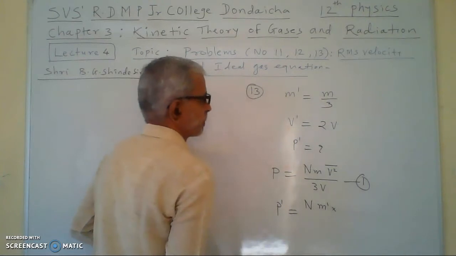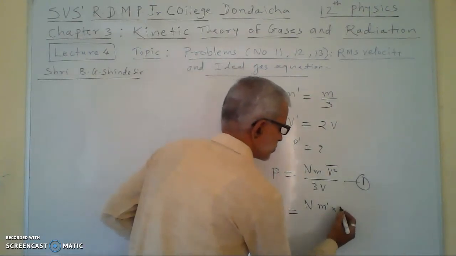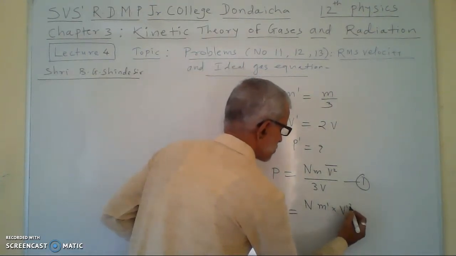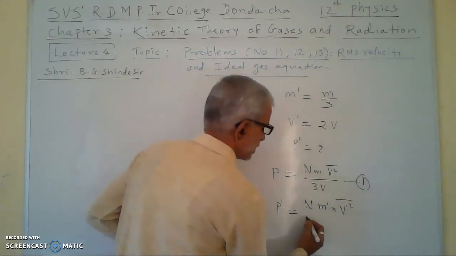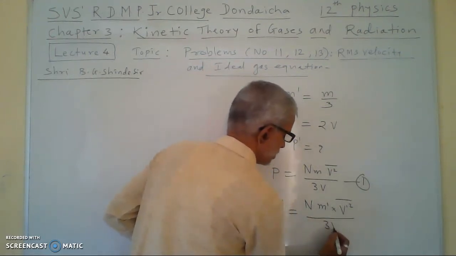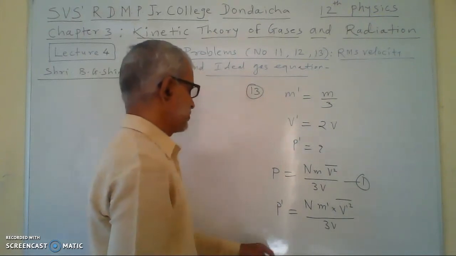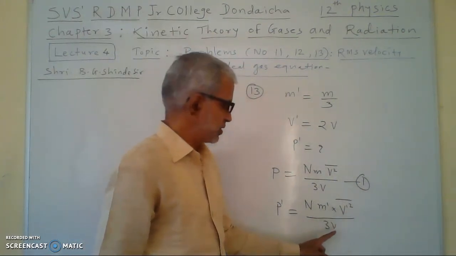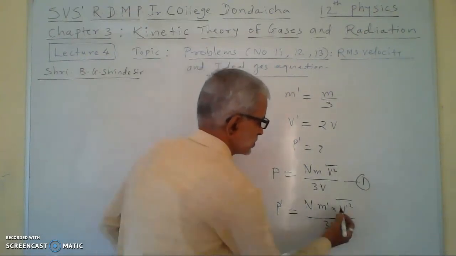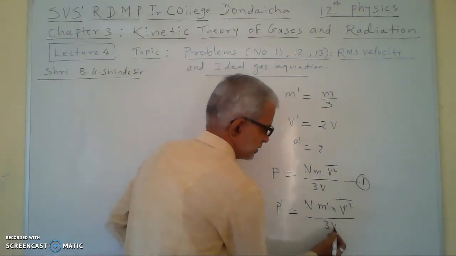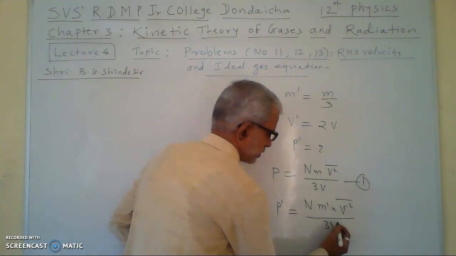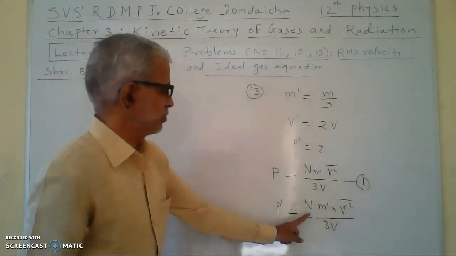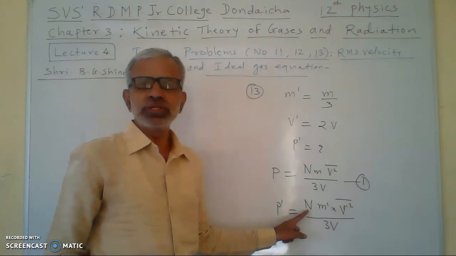Then velocity will change, it is v dash square bar, and it is divided by 3V. Actually only m dash and v dash will change. This is velocity, and this is volume. This volume and the number of molecules of the gas will remain the same.